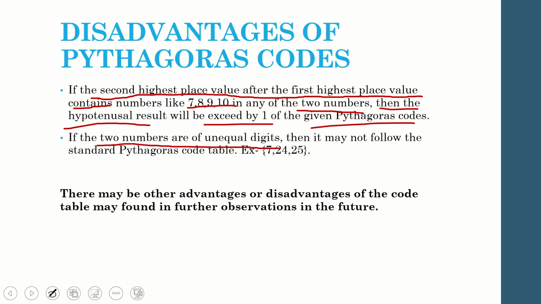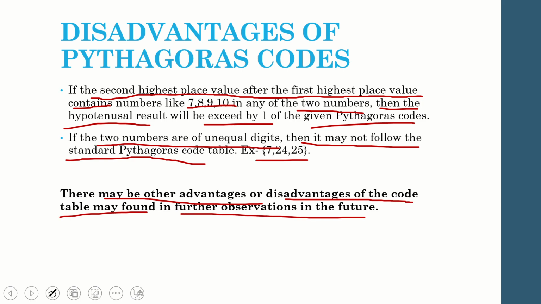If the two numbers are of unequal digits, then it may not follow the standard Pythagoras code table, like this example. There may be other advantages or disadvantages of the code table found in further observations in the future. So we can have more advantages and disadvantages if we study more on this table.